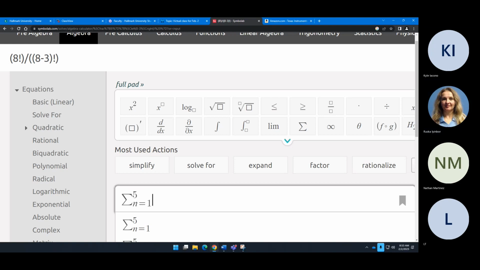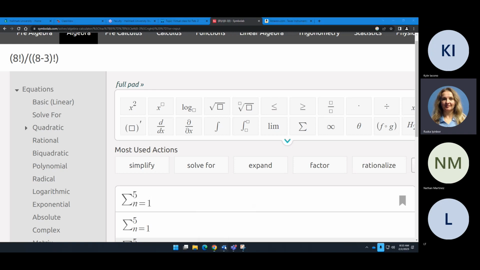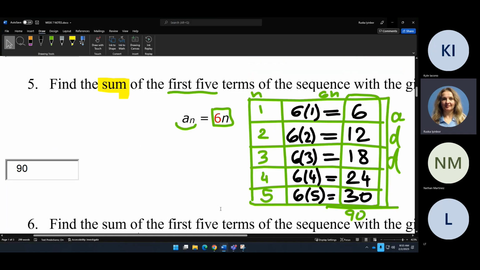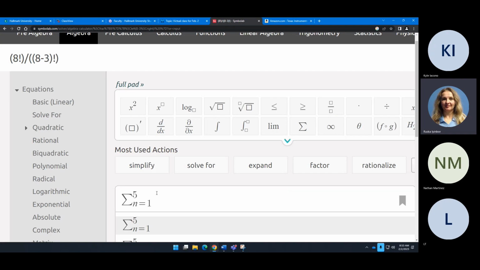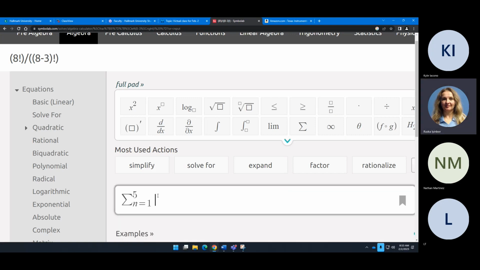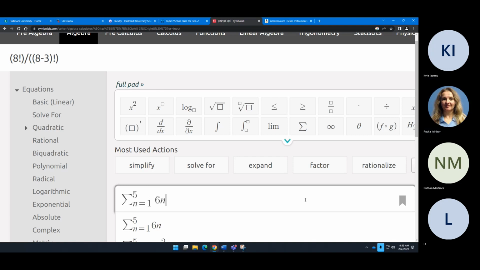And then after that, you're going to put your formula. Let's do the one we just did. Let's do 6n in the calculator. So I'm going to press 6n here. From 1 to 5, 6n. Now, you don't have n in the calculator. You're going to press x, and you can just put this in parentheses.